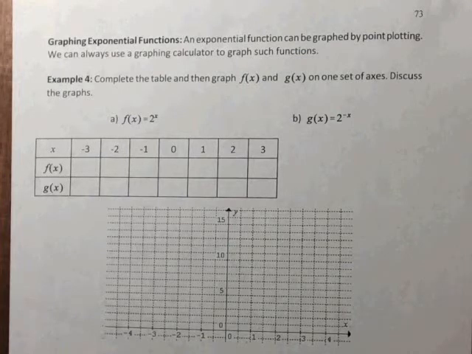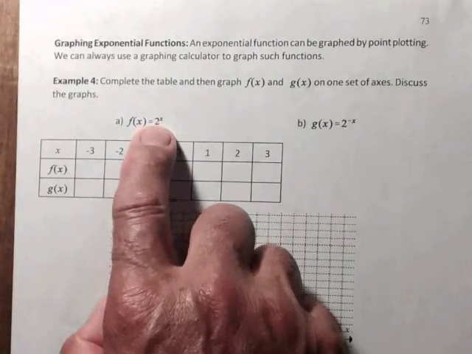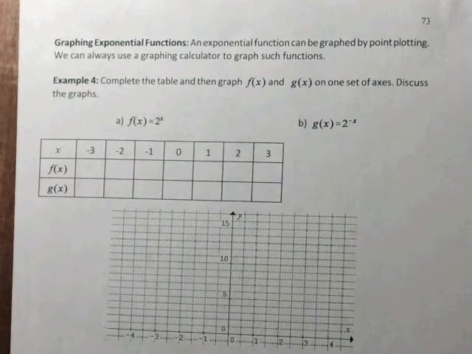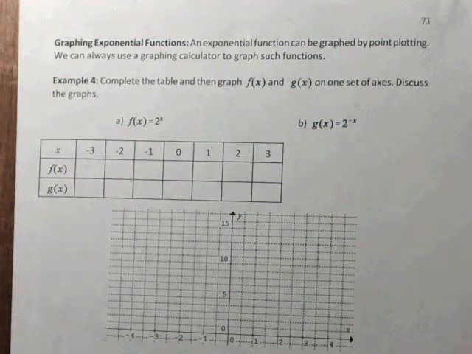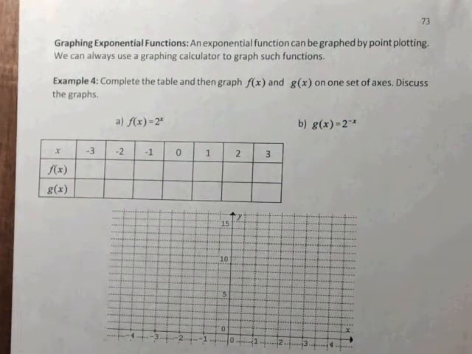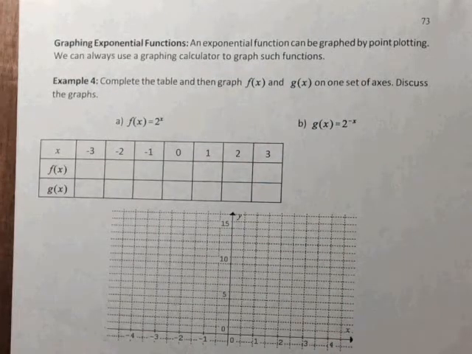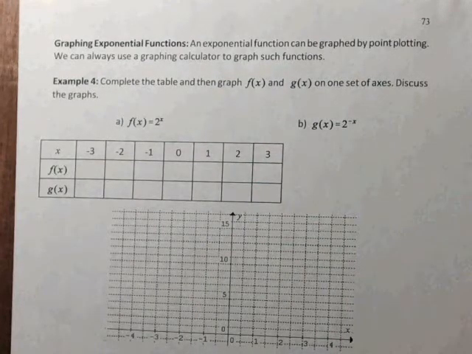Those two functions are the simplest ones we can choose: 2 to the power x and 2 to the power negative x. We're going to sketch the graphs of these two functions manually, then check them with a graphing calculator, and after we get this general idea, we can use a graphing calculator for future graphing of exponential functions.